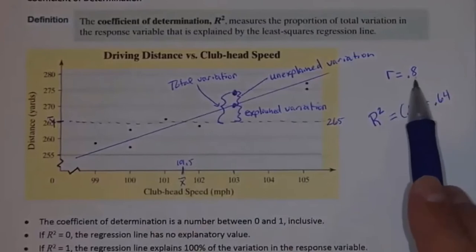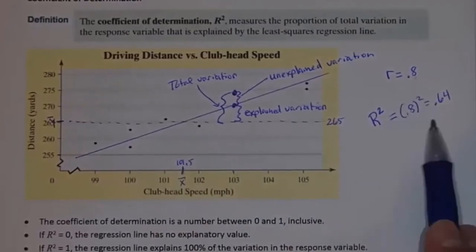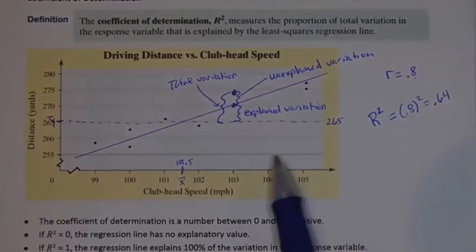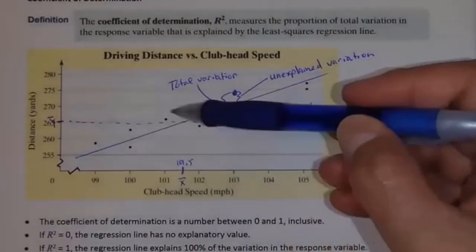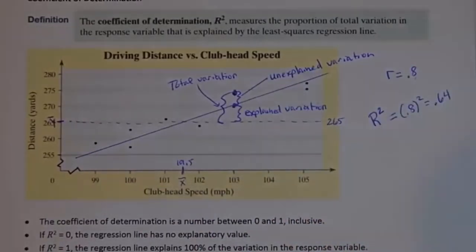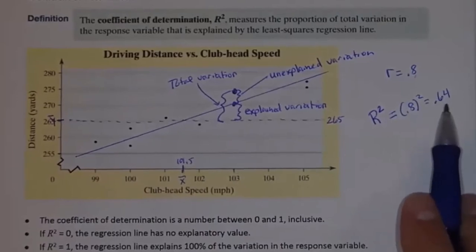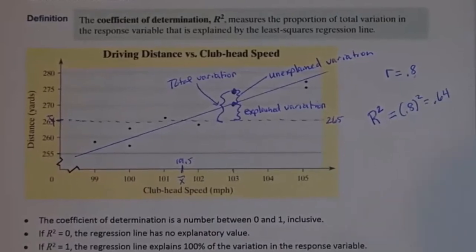But if r equaled 0.8 in that problem, and r squared equaled then 0.64, that would tell me that 64% of the variation in the distances that the golf ball traveled can be explained by the regression line. 64% could be explained. The remaining 36% of variation is unexplained. That's the idea.